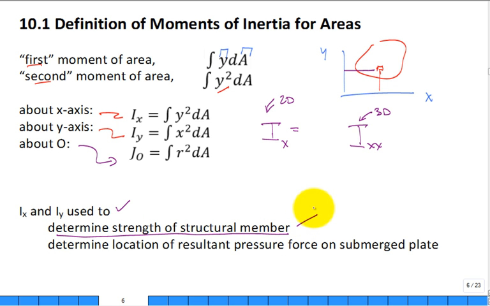You're probably going to take a solid mechanics class next, as well as moments of inertia for rotation, rotational systems and dynamics. It's also used to determine the location of the resultant pressure force on a submerged plate. If I have time, I'm going to cover that today. But that is another application where you see this math coming out. So this would be a solid mechanics class. This would be a fluid mechanics class.